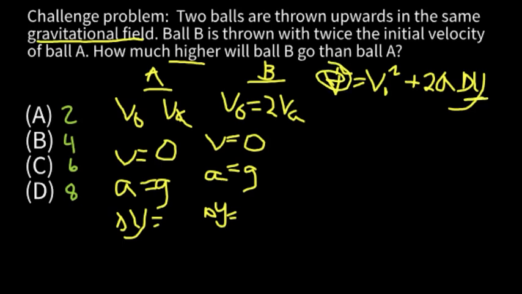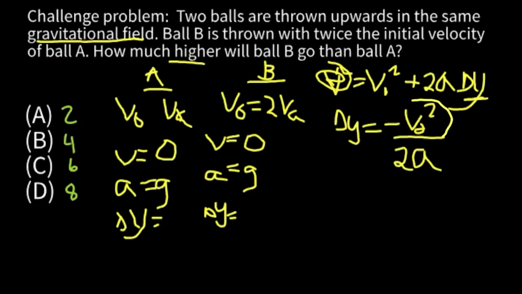And now let's solve for delta y because we are looking for height. That makes delta y equal to negative initial velocity squared divided by 2a. Well, we know that 2a is going to be the same for both of these balls. However, the initial velocity is not.